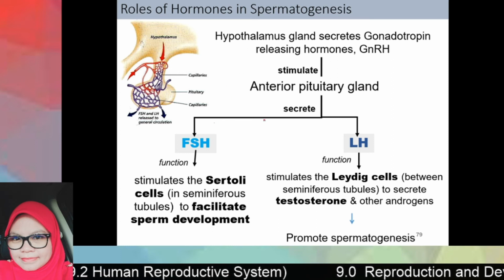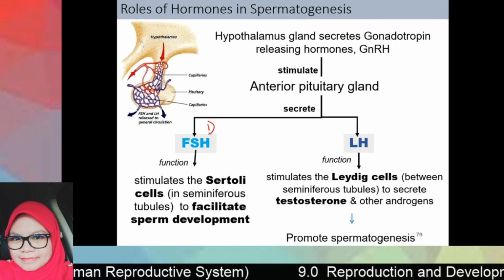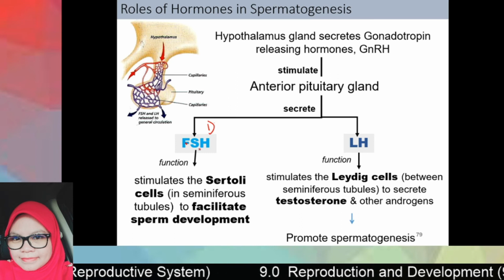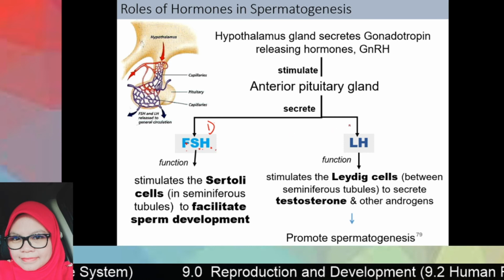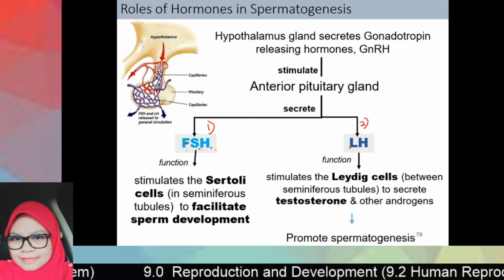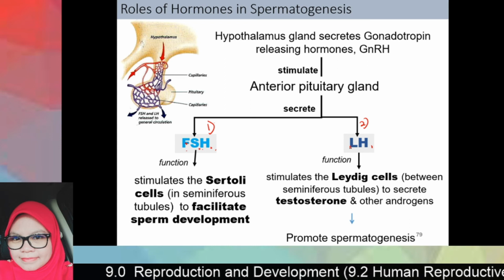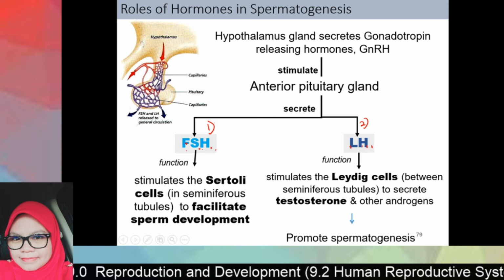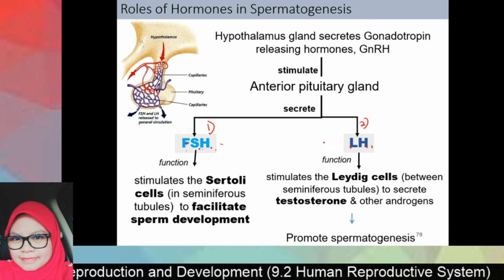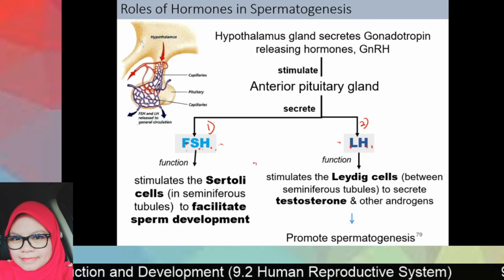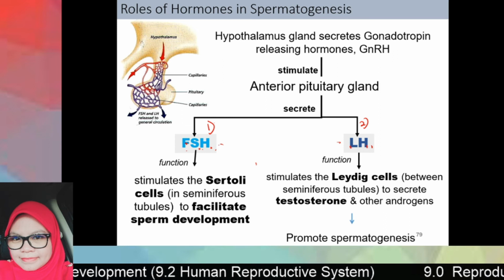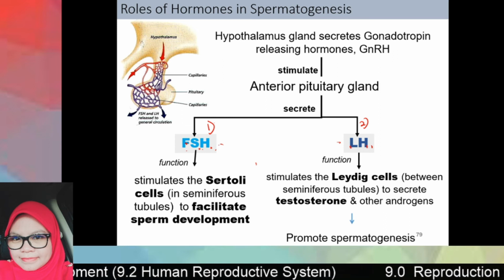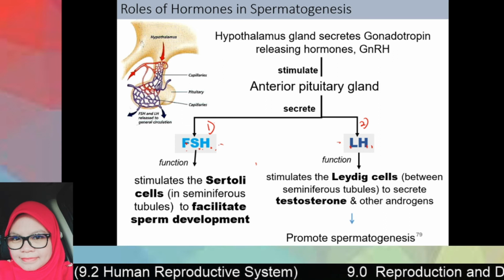The first is follicle stimulating hormone, FSH, and also luteinizing hormone, LH. So both these hormones target the testis, but different cells.